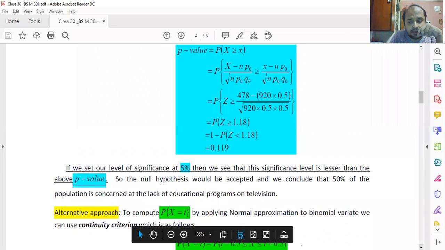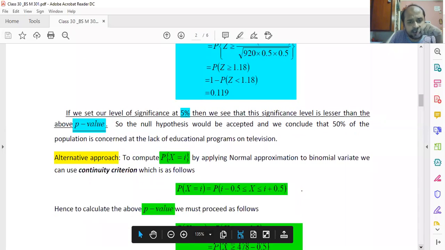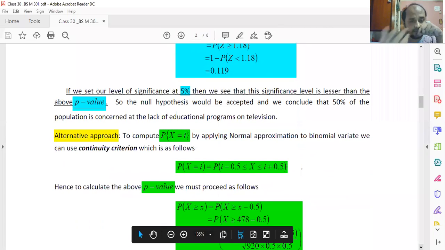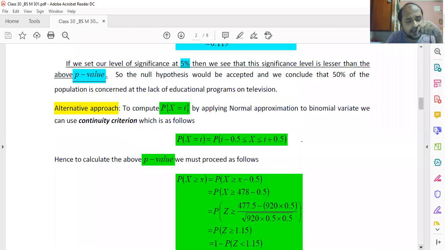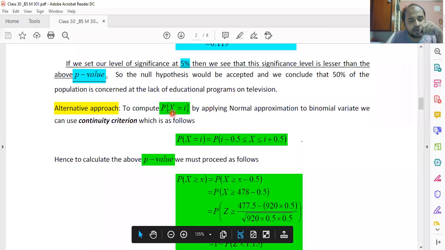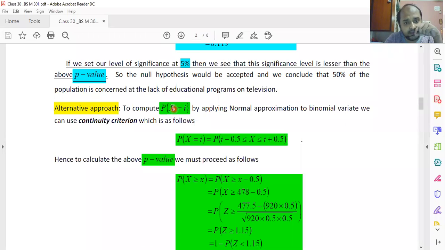This particular problem has an alternative approach, which you can avoid, or it is also sometimes very useful. So I'm just stating this alternative approach for the sake of completeness. It is talking about a continuity criteria. Whenever we talk about probability of X equal to i, a specific value of the random variable capital X, you can make it continuous by using this formula.